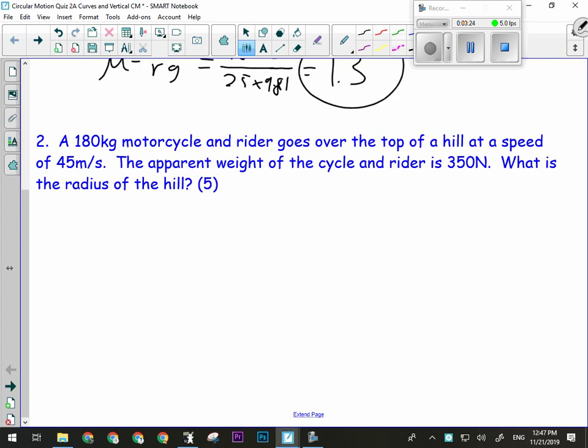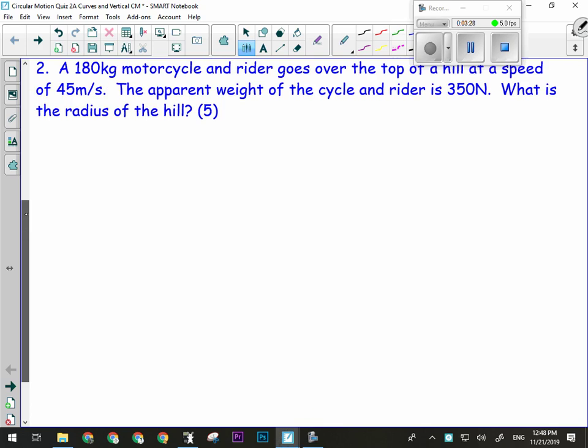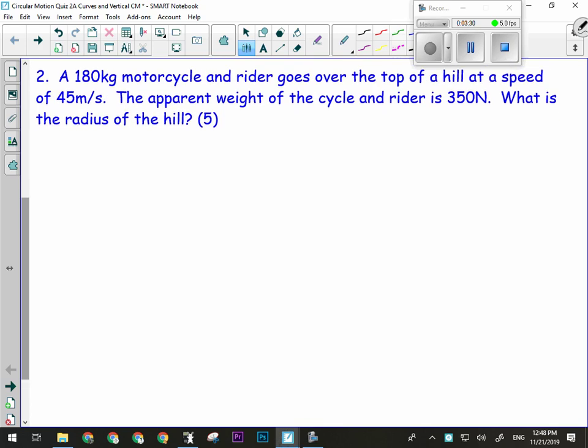For question number 2, we have a vertical circular motion question. The first thing we want to do is write down what the question told us. We're going over the top of a hill. That means we're going over the top of a vertical circle. We know that the mass of the motorcycle is 180 kilograms, and the speed of the motorcycle is 45 meters per second.